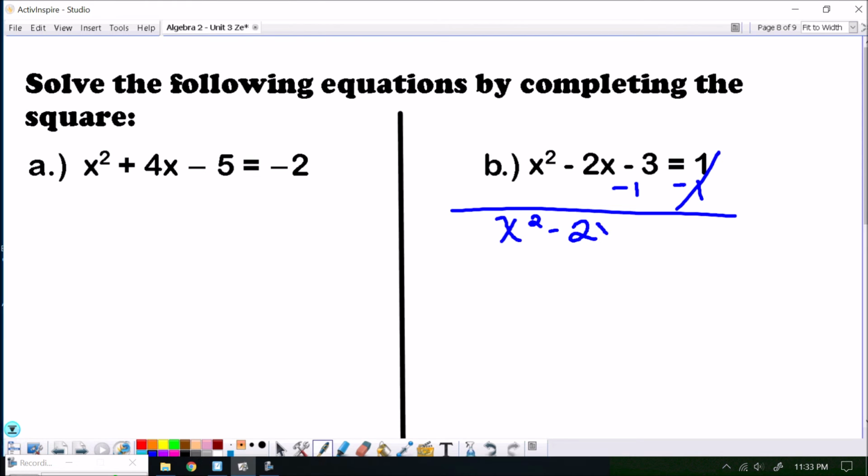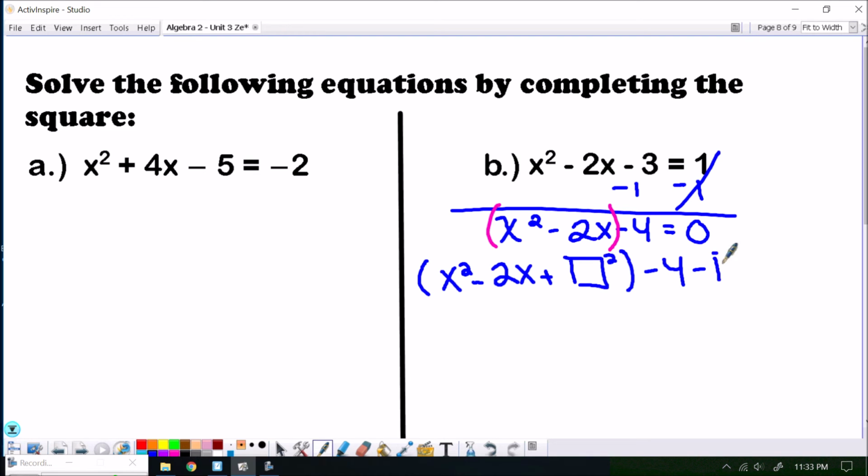So x squared minus 2x minus 4 equals 0. I'm going to complete the square and solve. So I'm going to take x squared minus 2x, and I need to add something squared and then subtract something squared.